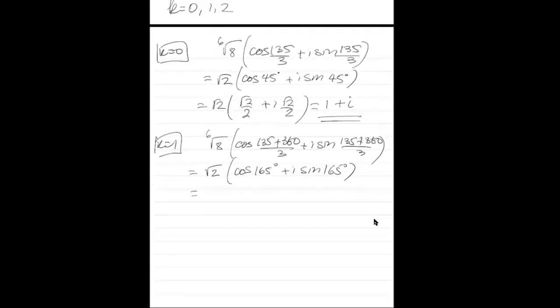If you simplify, that was square root of 2 cosine, that ended up being 165, which is not a special angle. We know the value, so you can use a calculator. And multiply by root 2, you get negative 1.3660 plus 0.3660i. So this is our second cube root.